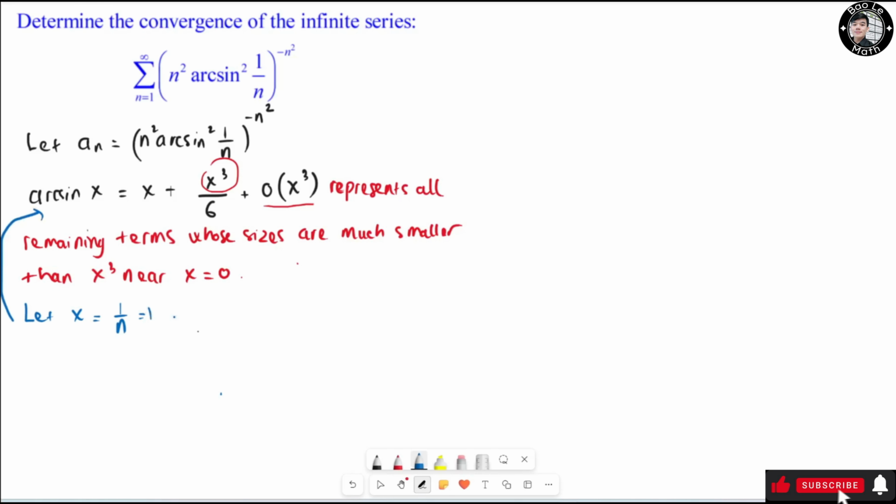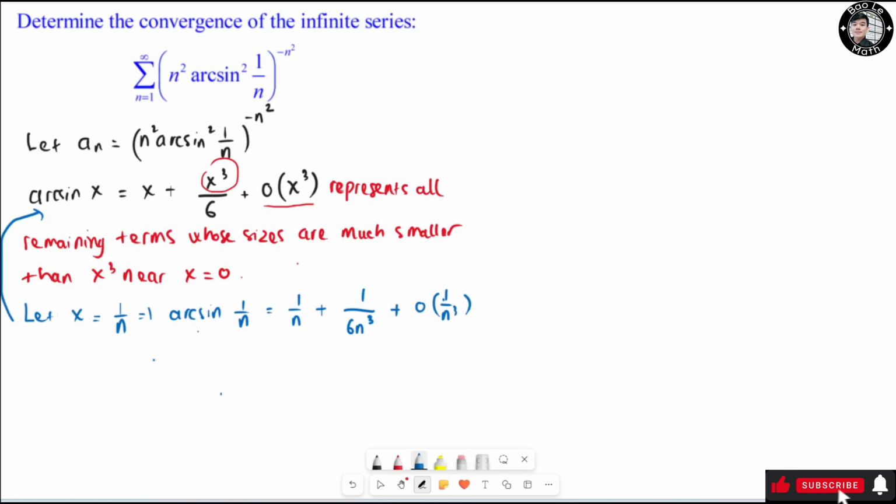So we have arcsin of 1 over n equals 1 over n plus 1 over 6 times n cubed, plus o of 1 over n cubed, right?